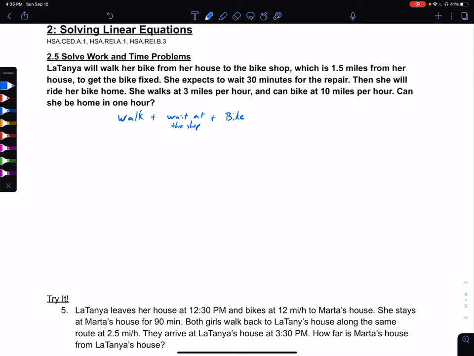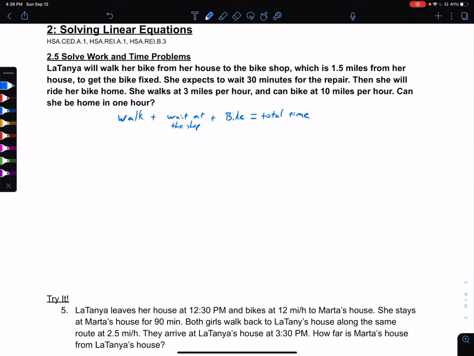So she's going to walk from her house to the shop, she's going to wait at the shop, and then she's going to bike back home. And that's going to be the total time, right? That's our entire trip. And ultimately, we're trying to figure out if this walk, wait, and bike is less than an hour. All right, so we want to know, can she be home in 1 hour?